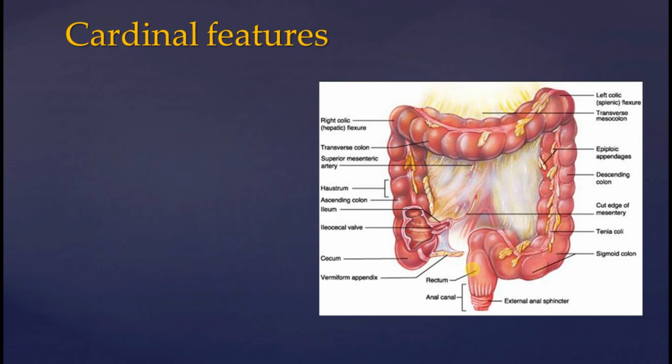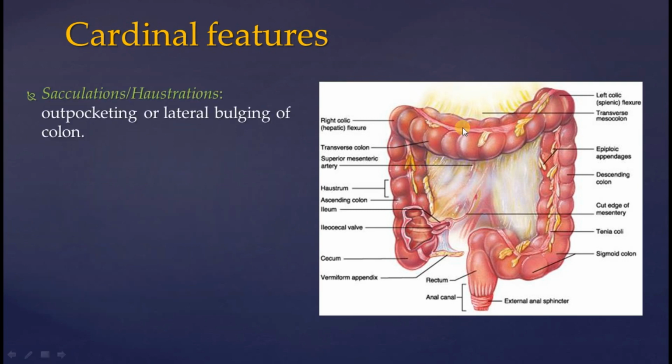The next cardinal feature we are seeing is the sacculations or haustrations. This lateral bulging takes place because the total length of the colon, as I told you, is 1.5 meters or 6 feet, whereas the length of the tinea is shorter than that, around 5 feet. So a shorter tinea trying to enclose the longer gut tube gives you these lateral bulgings or outpocketings.